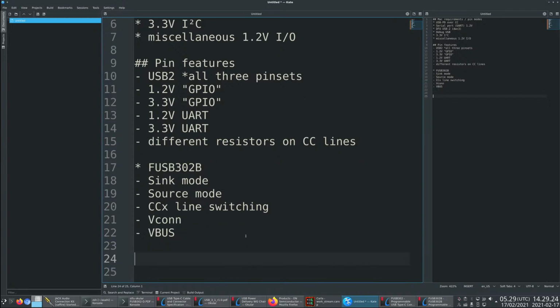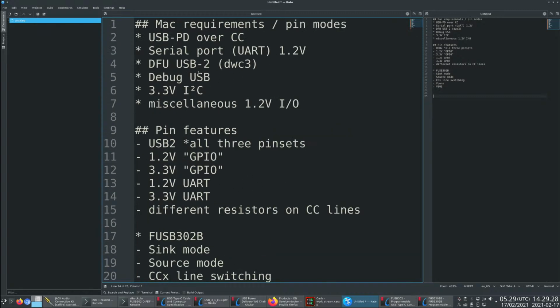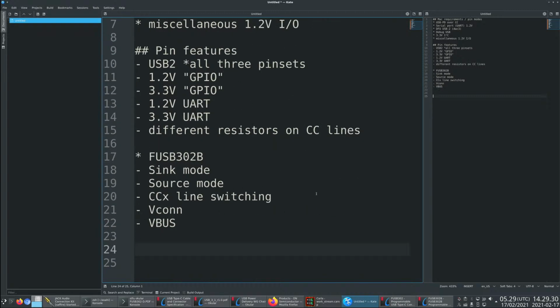Now, extra things I want to have, since this is going to be a device that has a host connector, I want to be able to pass through these debug and USB things. So we're going to need a USB hub that is connected to both. There's going to be a microcontroller on the board to drive all of this, right?